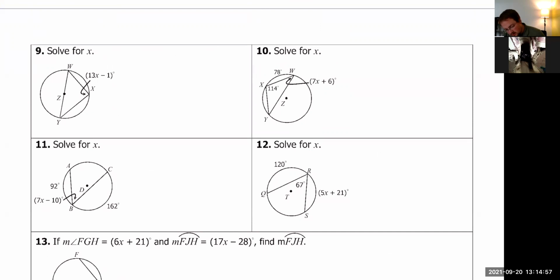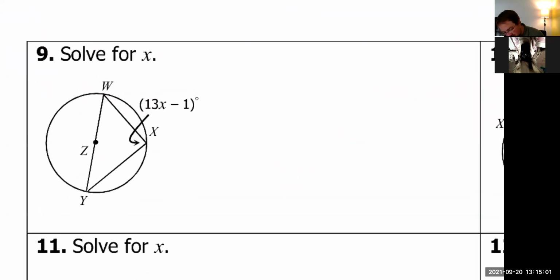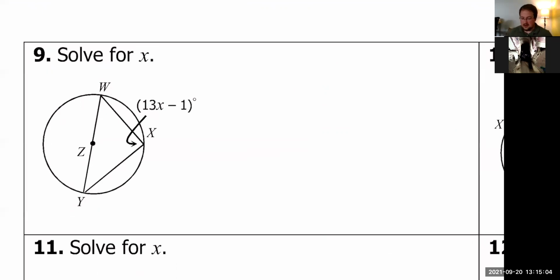So let's see. Number 9. This one's kind of strange because all it gave me was an expression, 13x minus 1, for the inscribed angle. What can I set that equal to? 360. Why 360? Because the whole circle is 360. You're right, the whole circle is 360, but this inscribed angle isn't intercepting the whole circle.